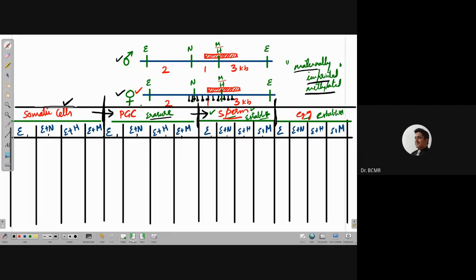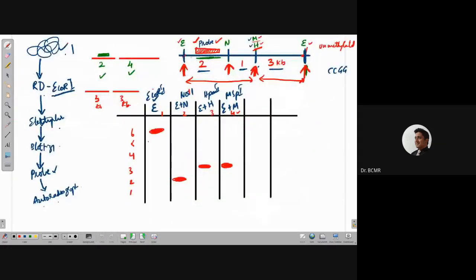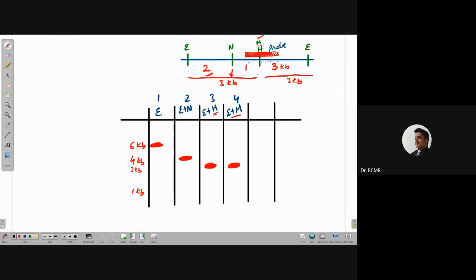I hope you realize that in the first one, we just did it with one probe. In the second case, we took a probe where 2 pieces could be identified by the same probe.